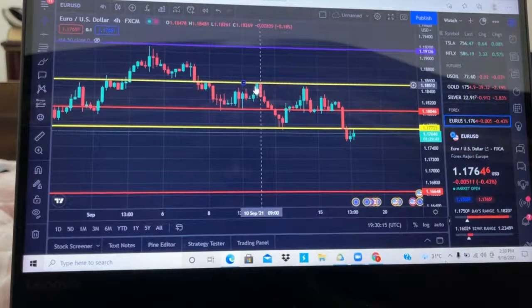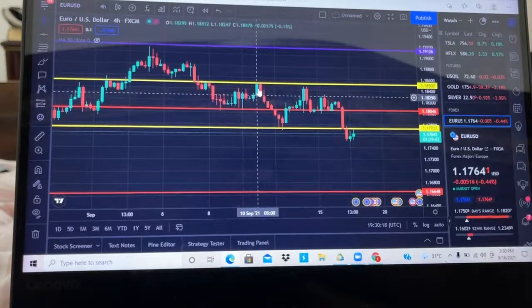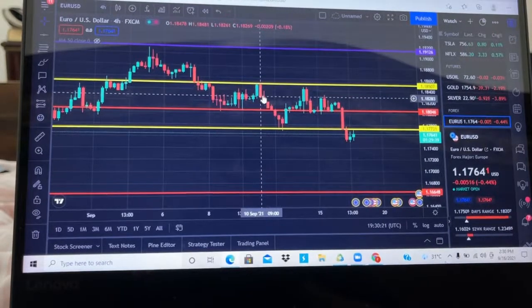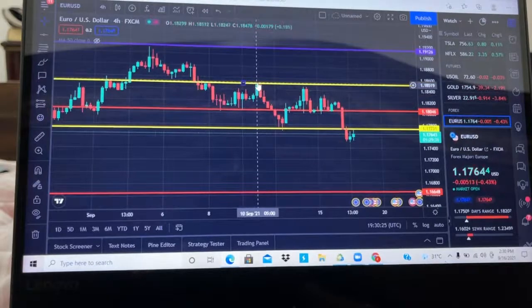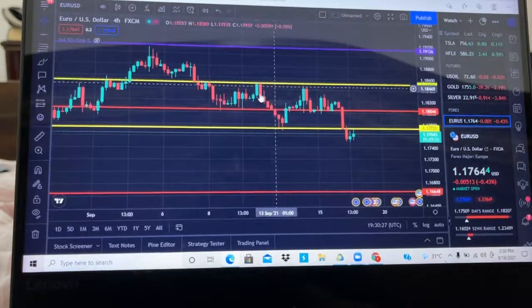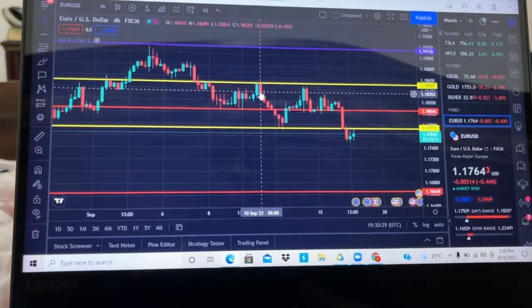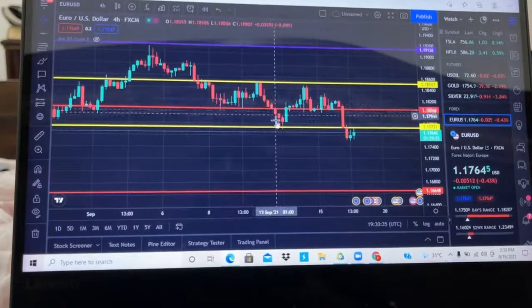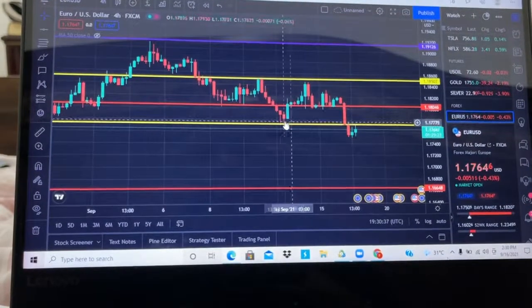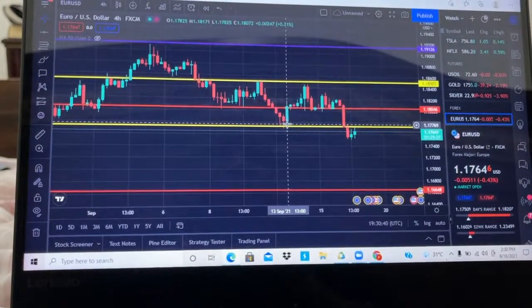So as a trader, you will not hesitate to open a sell because you have the swing point plus a tweezer top. So the only direction you should be heading is for a sell to your support.